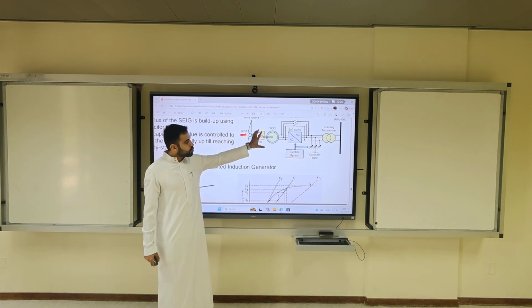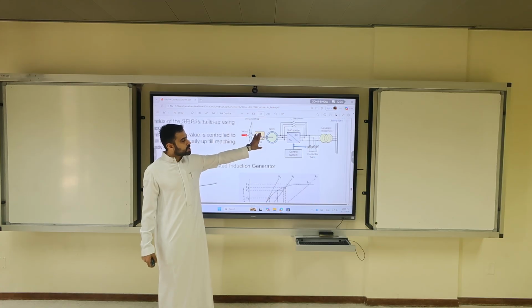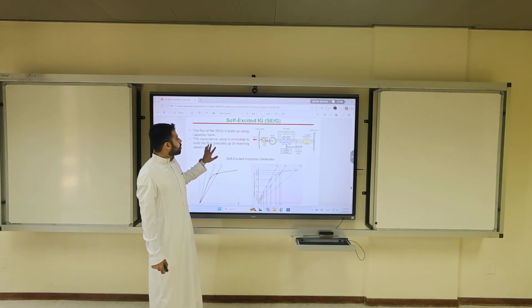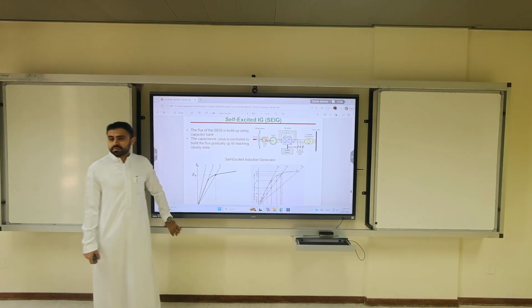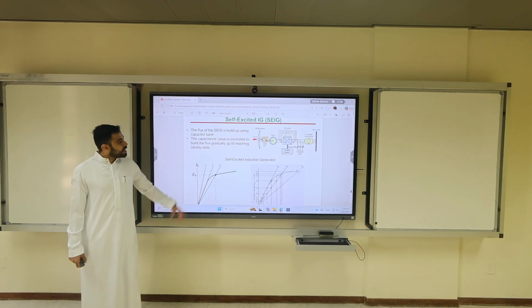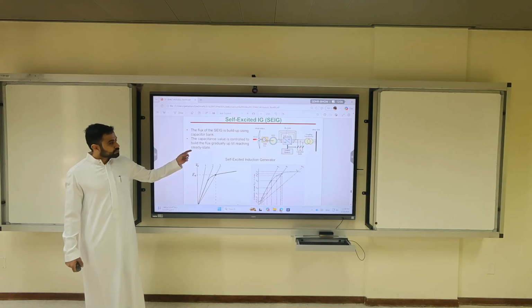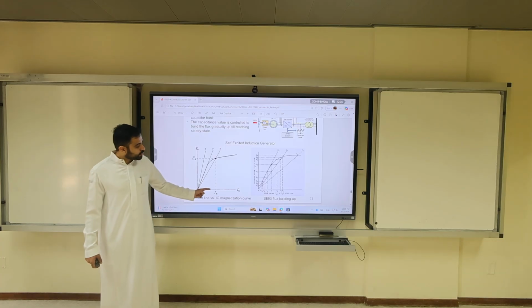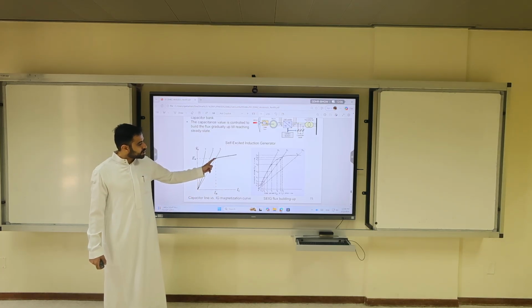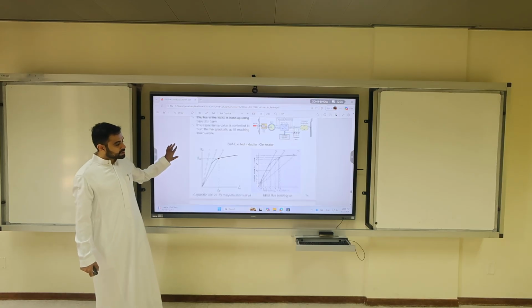Because renewable energy or induction generators do not have what we call the build-up flux. The reactive power, as you can see here, for example, if you include the current capacitor and intersect it with the magnetization curve, you can have the build-up flux.